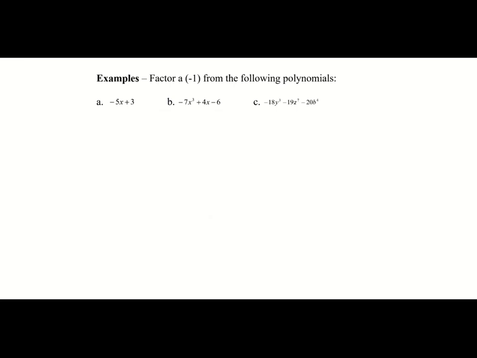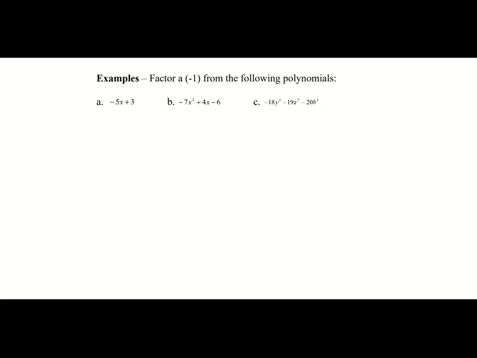So the last thing we are going to do in this video for part 1 is factor out a greatest common factor again. But this time, the greatest common factor we're going to pull out is a negative 1. When we are factoring, if your leading term in your polynomial is a negative, you typically want to factor out that negative.